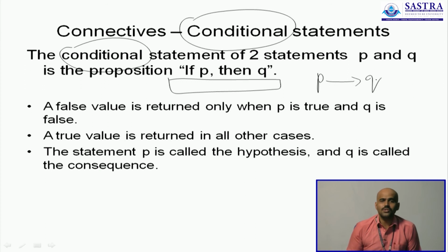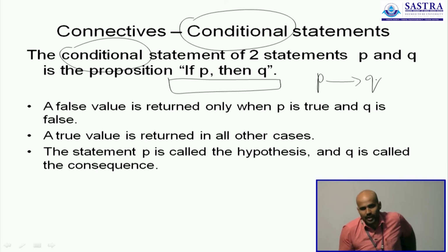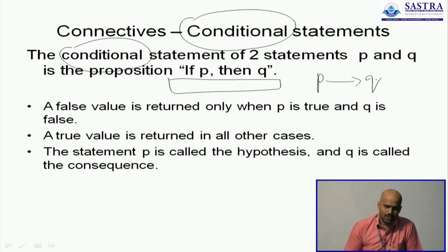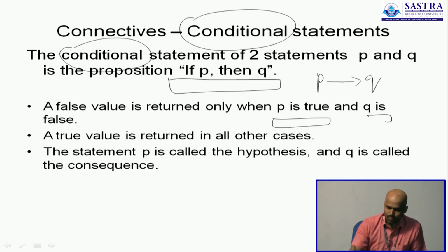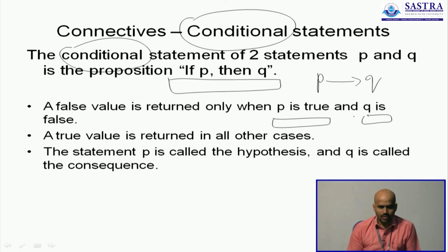So when does this conditional statement take true or false values? That is defined on your screen. A false value is returned only when P is true but Q is false. A true value is returned in all other cases. We have been doing this for the past three operations involving statements. We also discussed the same when we negated a statement, and when we combined two statements using a conjunction, a disjunction, an exclusive OR.